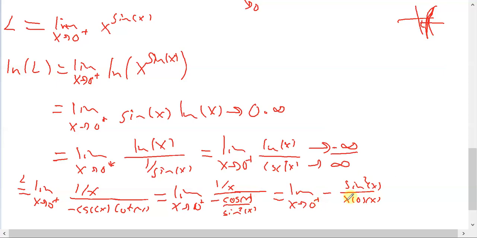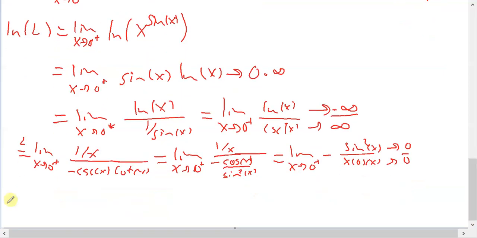All right, so now as we go to 0, you can see I've got the bottom going to 0 because of the x, and the top going to 0. So this is 0 over 0, but it's sort of like one of the problems previously. The cosine is not contributing to that mess, so I can extract that away from that limit and just deal with 1 over cosine separate from sine squared over x.